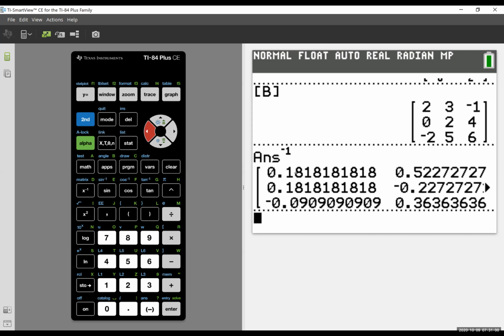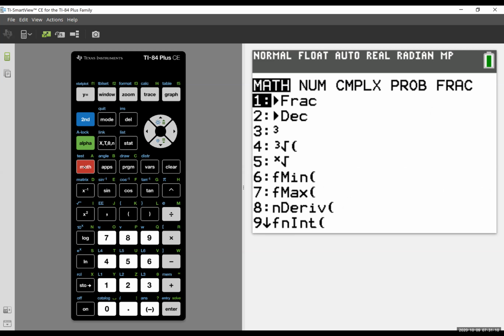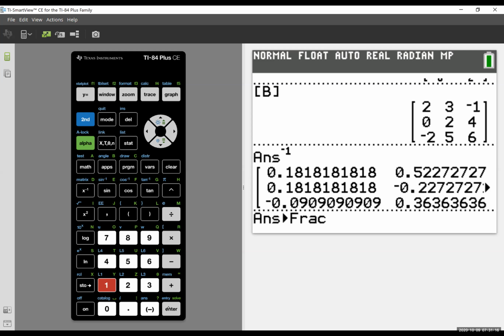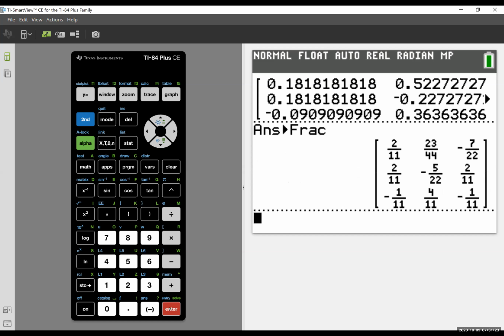And whenever I see repeating decimals, that's a really big heads up of, oh yeah, they can be converted. So let's do that. And if it can't, you'll know right away because the calculator will refuse to. So we're looking at pressing the math key, fraction, and then it's supposed to change this matrix into fraction entries. Cross our fingers. And now it's all visible on the screen.